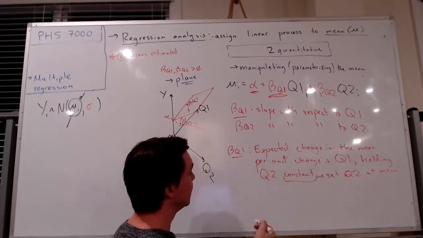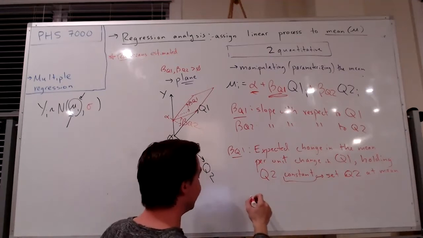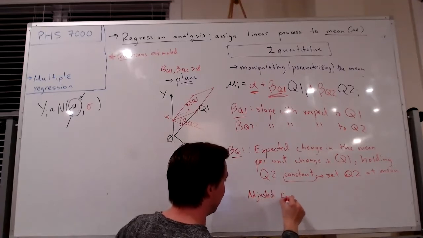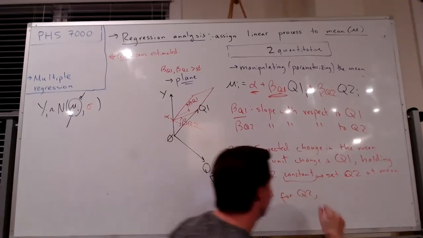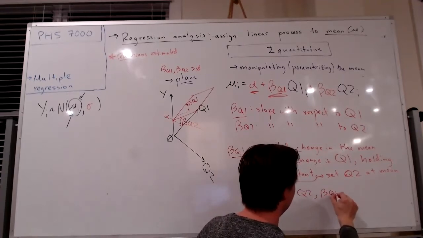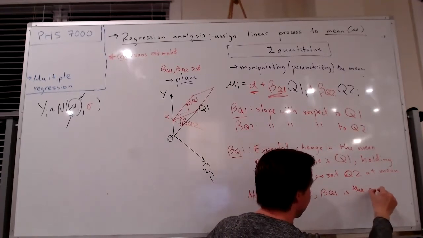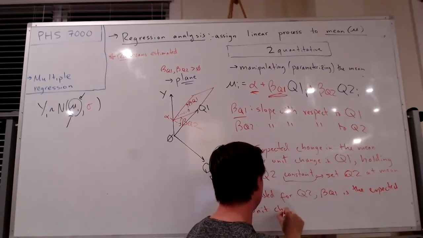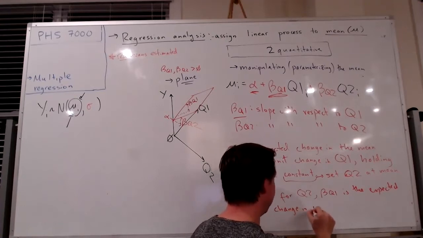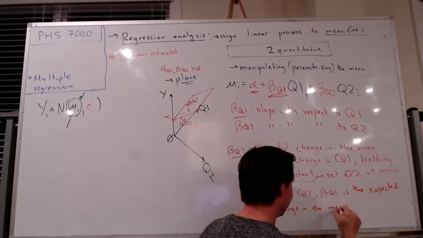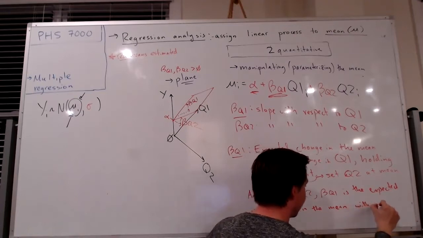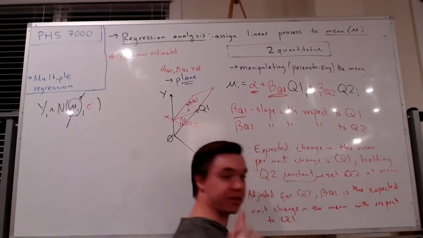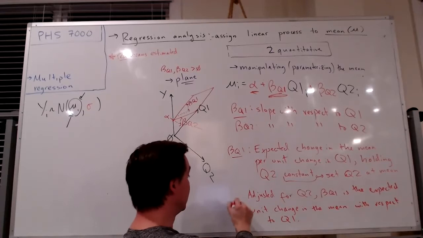Another way to write it would be adjusted for Q2. Beta Q1 is the expected unit change in the mean with respect to Q1, your first quantitative variable.